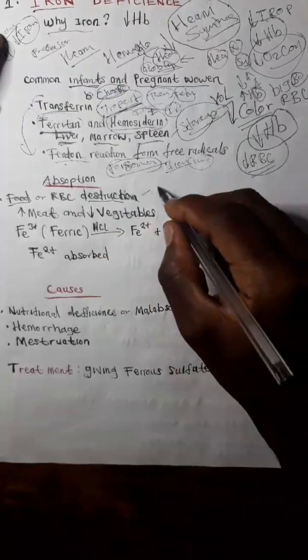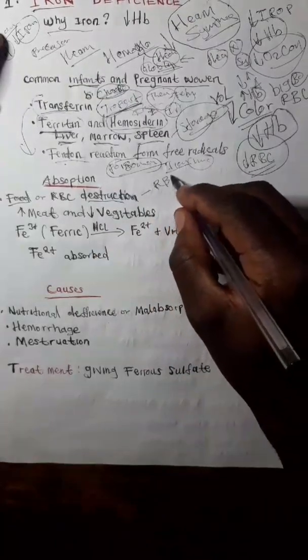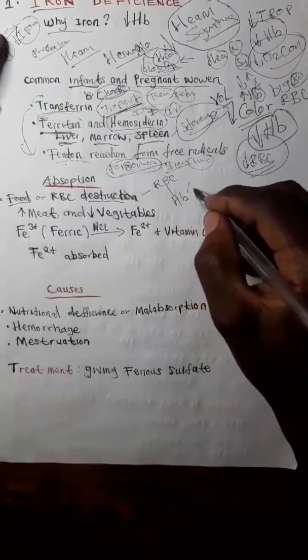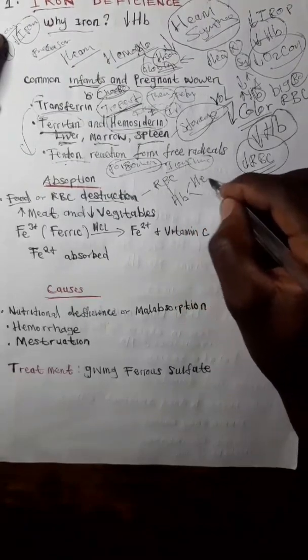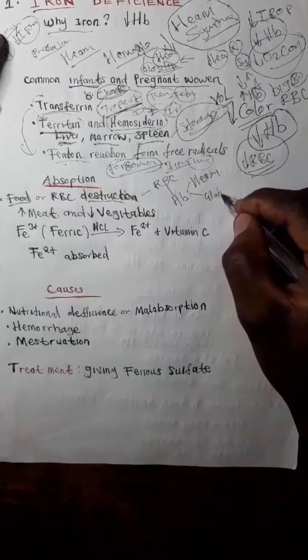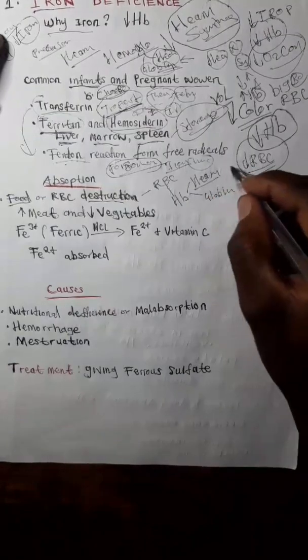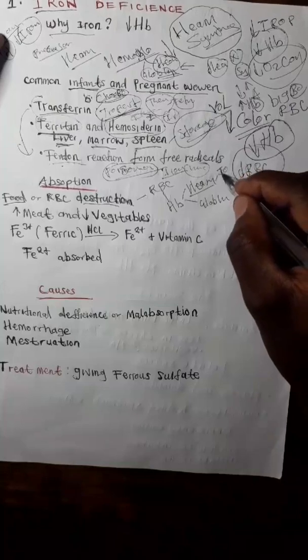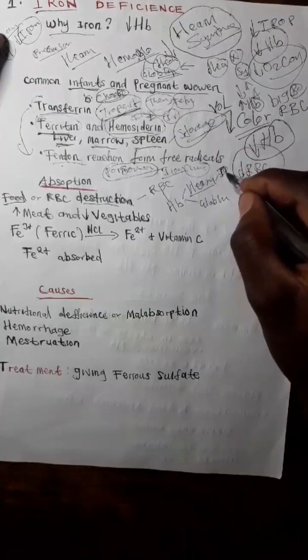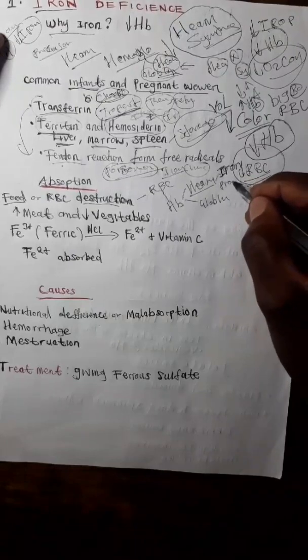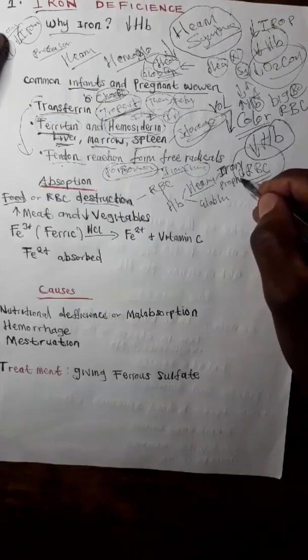Since the red blood cells contain hemoglobin, the hemoglobin contains the heme and the globin. Here the heme contains the iron that we want, and the globin is a protein.